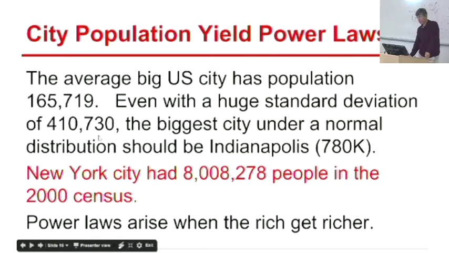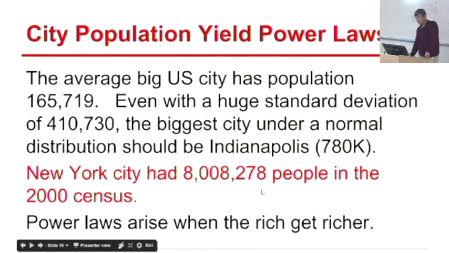If you figure out what the standard deviation of that is, you end up getting a huge standard deviation relative to the mean, which is a sign that there's a lot of problem. But if you figure that there's only about 100 or so big cities in the United States, then you figure that, well, all of them should lie within two standard deviations of the mean. That would be an argument that the largest city in the United States should look like Indianapolis.